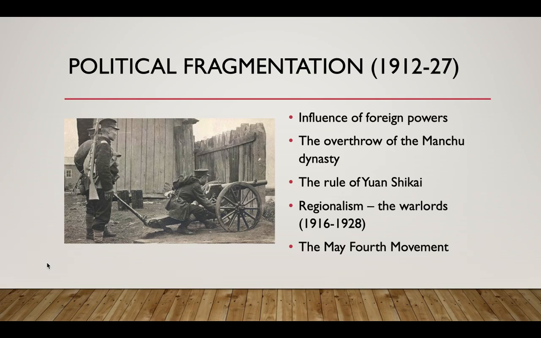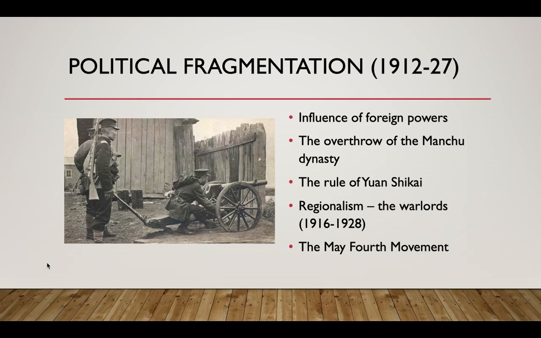And so China is going to break down into the emergence of warlords, so regionalism. So from about 1916 to 1928, warlords are going to dominate the political scene in China. And so these warlords are going to run their territories independently. So China lacks a sense of unity.